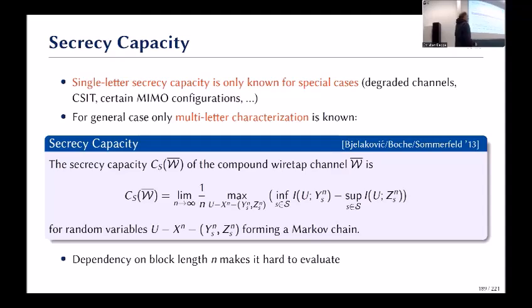So you see again a very similar behavior, because this is more or less a capacity of the legal channel, and this is a capacity of the illegal channel. Now, we don't look at the normalization, but possibly if you put it in here and such things, which is not possible because of this maximization, but approximately you have the same behavior as expected. And because of this dependency on the block length n, it's really hard to evaluate.